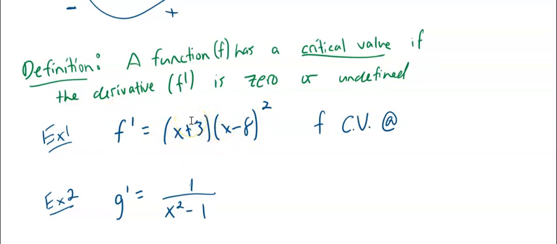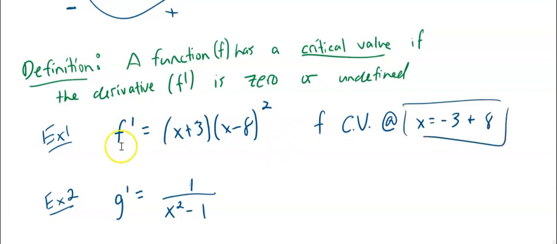So it should be pretty obvious to you that x equals negative 3 would make f prime 0, and then x equals 8 makes f prime 0. If I had given you f instead of f prime, then you would have taken the derivative, but I've already done that work for you. So this thing has a critical value at x equals negative 3 and positive 8, because that's what makes it 0.